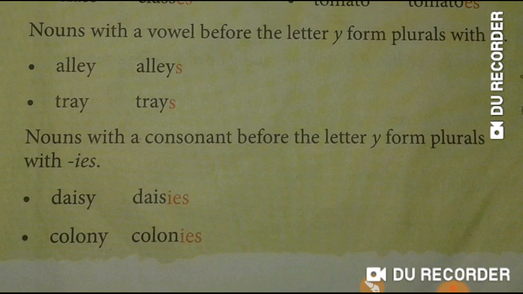If you see the last two letters, they are S, which is a consonant, and Y. So this word ends with a consonant before the letter Y. So to make its plural, we have to remove Y and add IES. So it will become daisies.